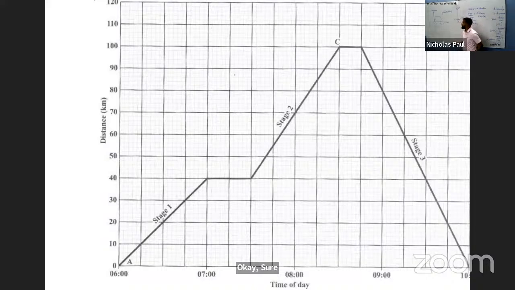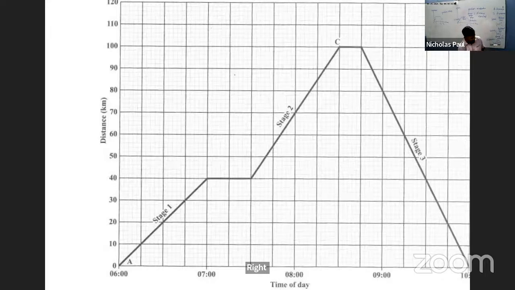Find the speed during stage 2. Find the gradient there. Don't let the horizontal part confuse you.